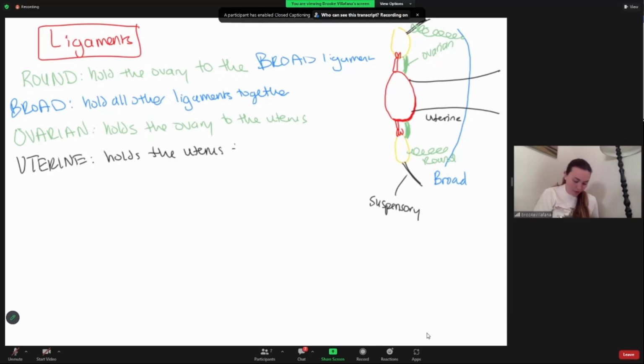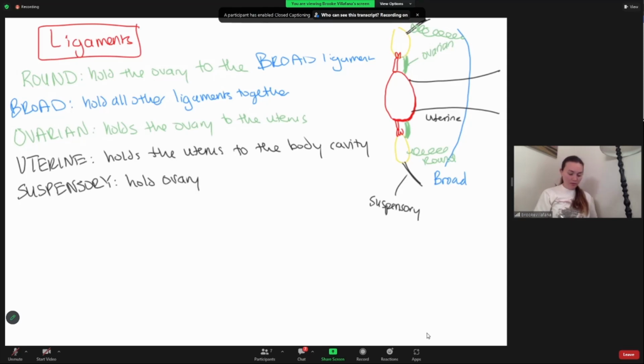That would be like the back of your abdominal wall to the body cavity. And then lastly, the suspensory ligament, that would hold the ovary to the body wall.